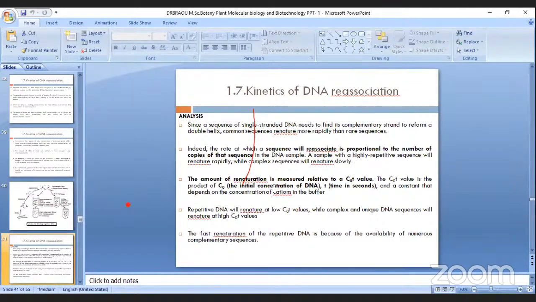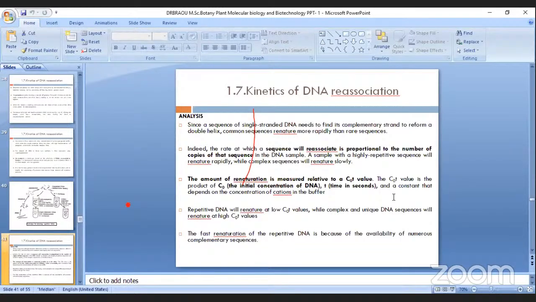The amount of renaturation is measured by a value called the COT value. In this, C0 is the initial concentration of DNA and T is the time in seconds.